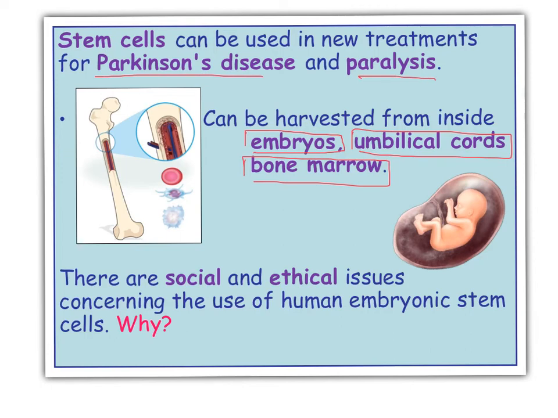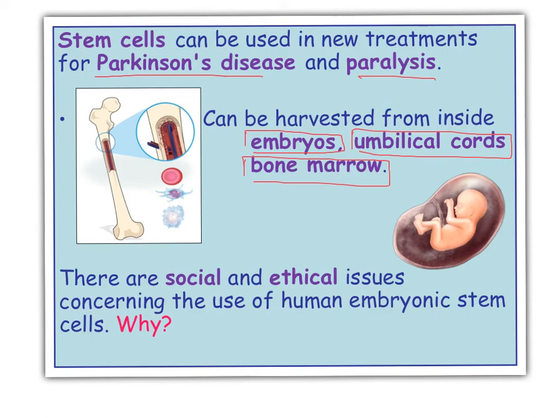Because stem cells are unspecialised, they can be made by scientists to differentiate into cells that might treat these diseases. So for example, we could take stem cells from embryos, turn them into nerve cells, and then those nerve cells could help treat somebody with Parkinson's disease or paralysis.